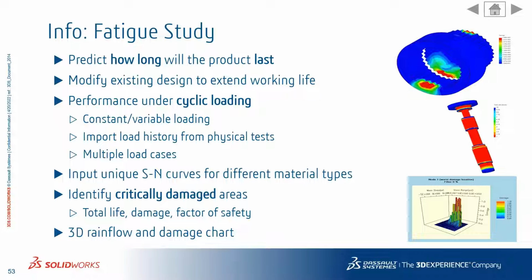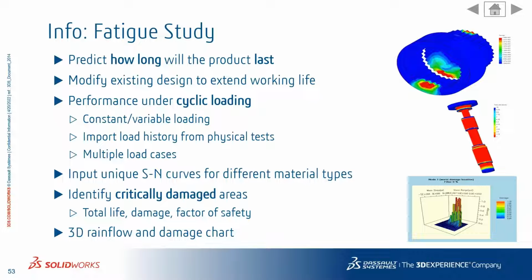The variable load means, for example, a lift: one time there will be 150 kg, another time 500 kg. To predict how long it is going to last, we need to check with the fatigue analysis, which gives you the material strength variation with repeated or constant loading.